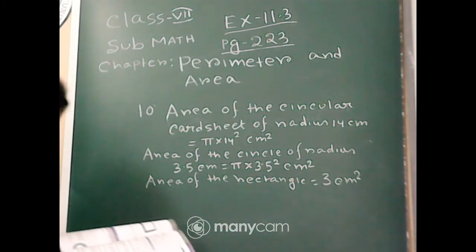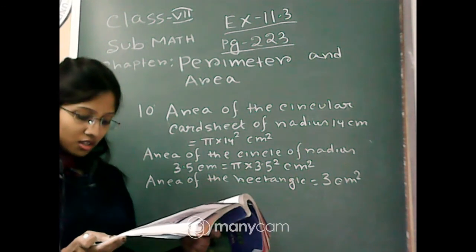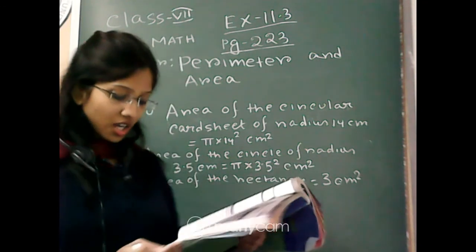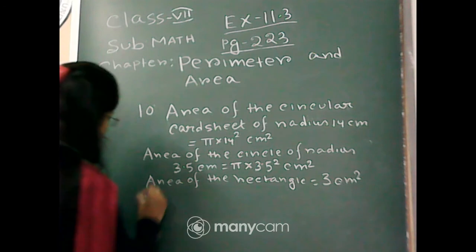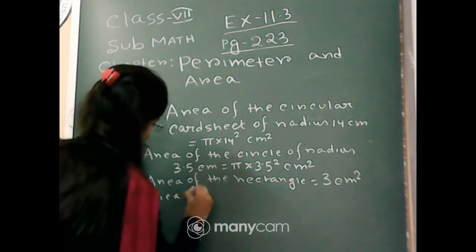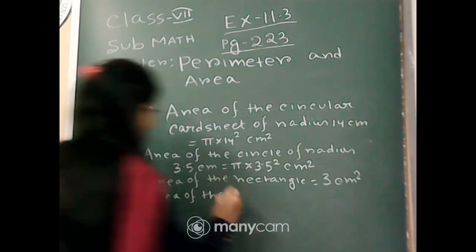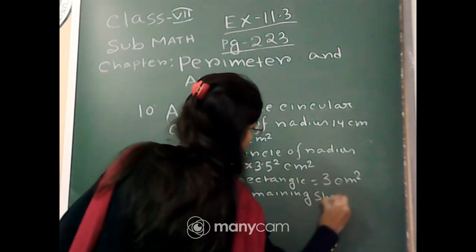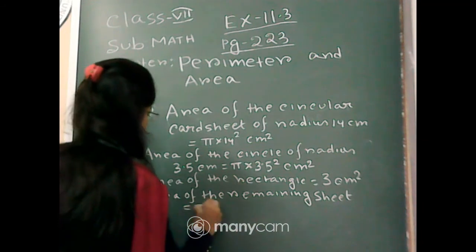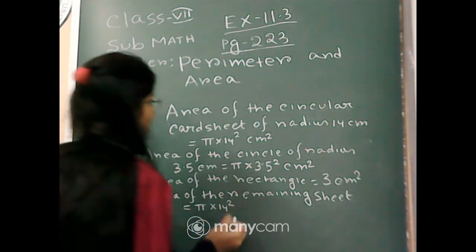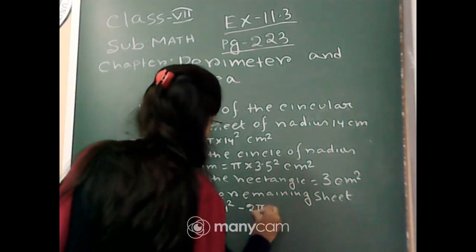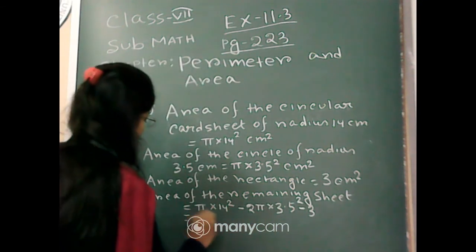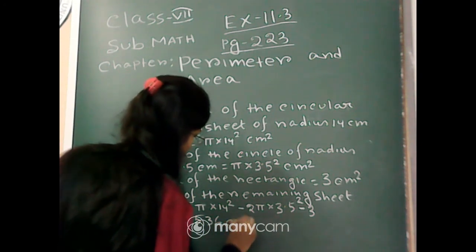Since from the circular card sheet of radius 14 cm, two circles of radius 3.5 cm and a rectangle of length 3 cm and breadth 1 cm are removed, therefore, the area of the remaining sheet is equal to π × 14² minus 2π × 3.5² minus 3, and the answer will be 536 square cm.